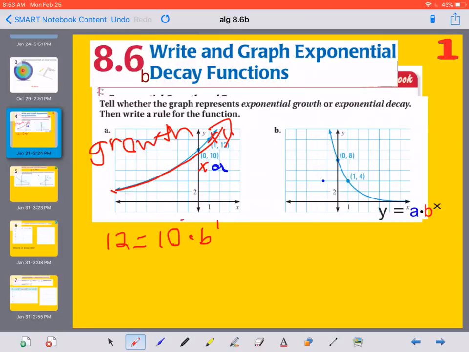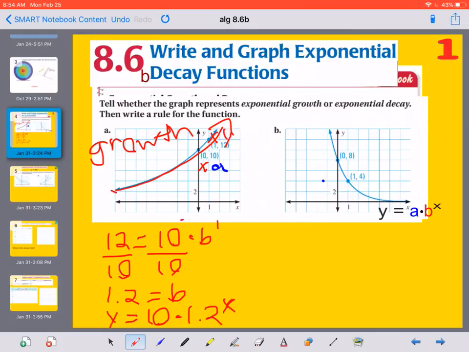So what we can do then is we need to just divide the 10. If we divide the 10, what we get is 1.2 equals b. So our equation then would be y equals 10 times 1.2 to the power x.